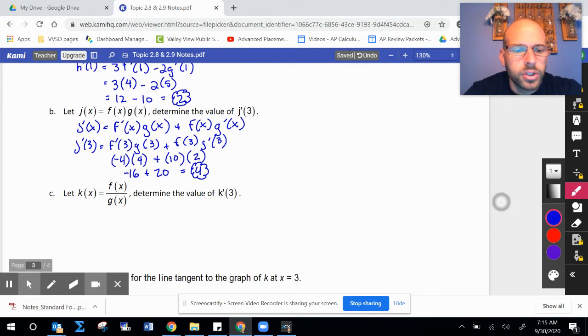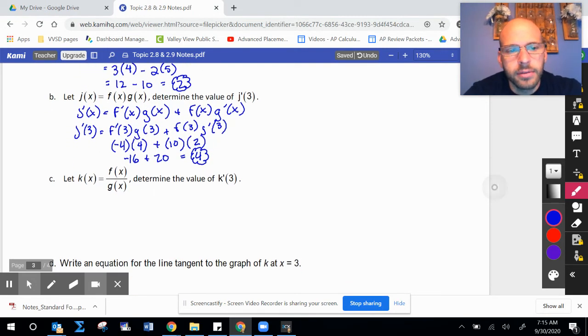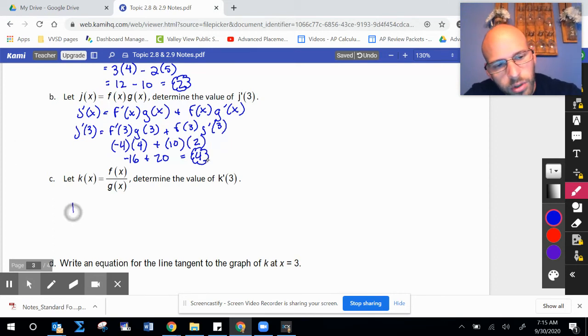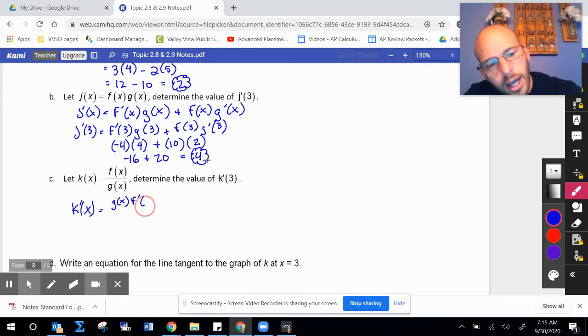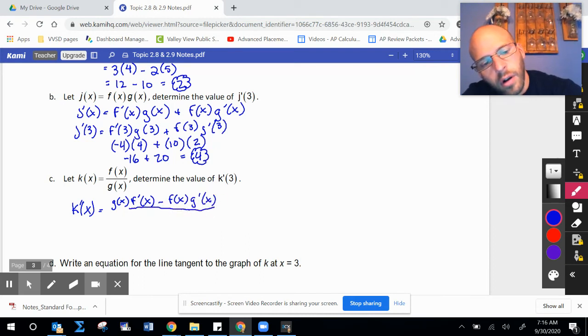Okay. So part C, same idea. I just now have a quotient, so I need to use quotient rule. So k prime of x is going to be low d high minus high d low, all over the bottom squared.